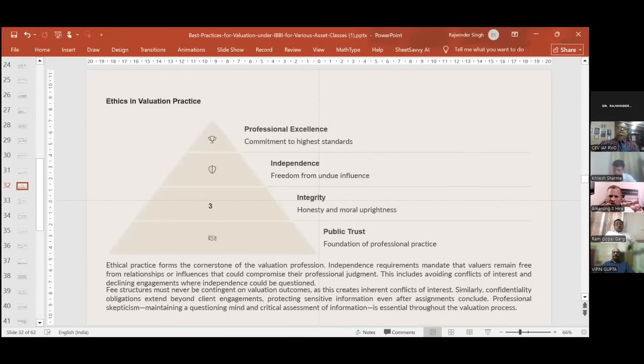Then the next thing for best practices is you have to maintain ethics in your valuation practice. First thing is you must have professional excellence. Your commitment to the highest standard is important for maintaining professional ethics. Second thing is you should work with freedom from undue influence from anyone, meaning you should maintain independence in your work.